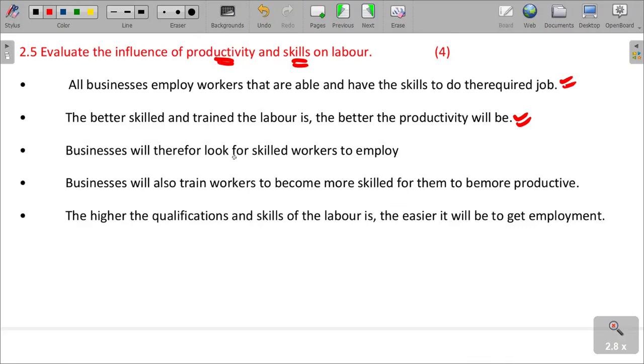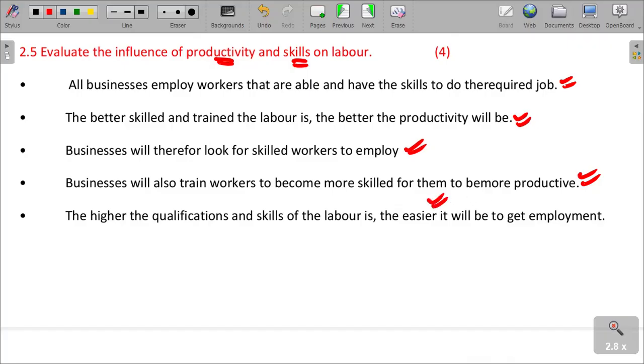Businesses will therefore look for skilled workers to employ, when they are highly educated and skilled. Businesses will also train workers to become more skilled so that they become more productive. The higher the qualifications and skills of the labor, the easier it will be to get employed.